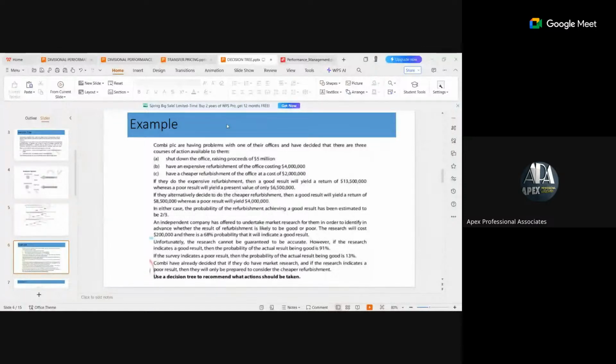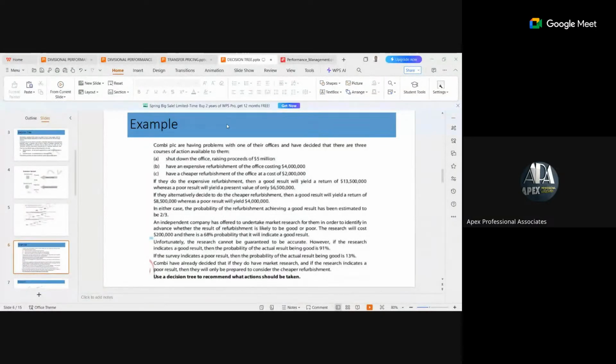If they are to refurbish the office using the expensive approach, it will cost them 4 million. As we go ahead, there will be an expected return associated with expensive refurbishment. Take note.